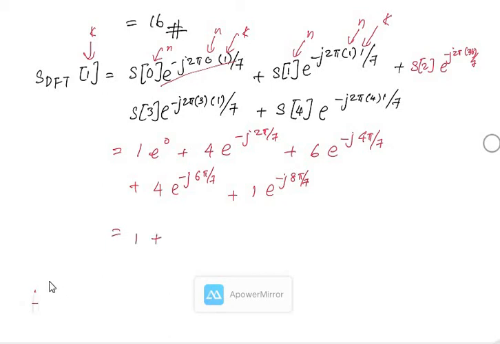So this one I can solve using the formula. I change the exponent to cos and sine.